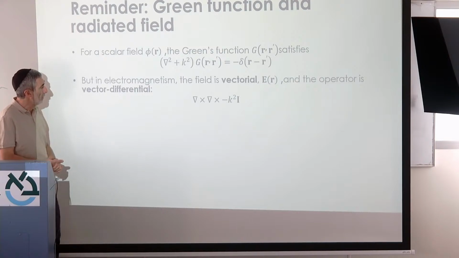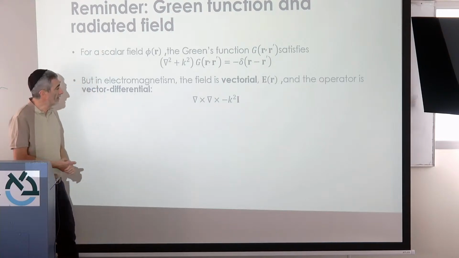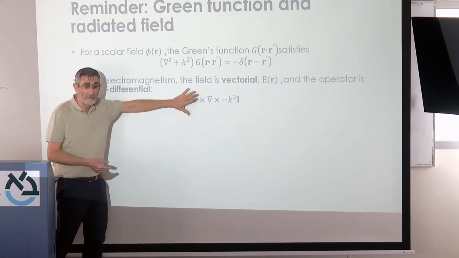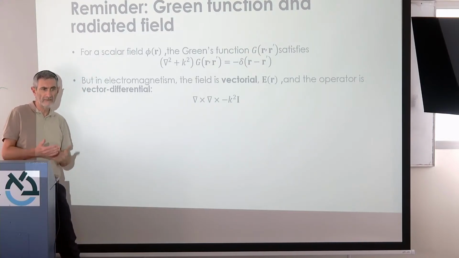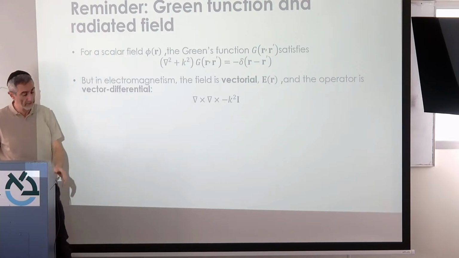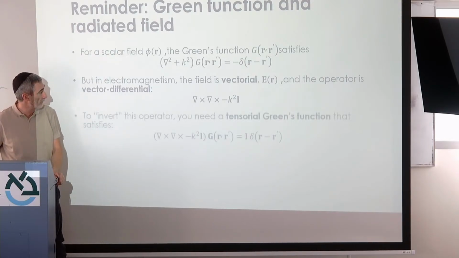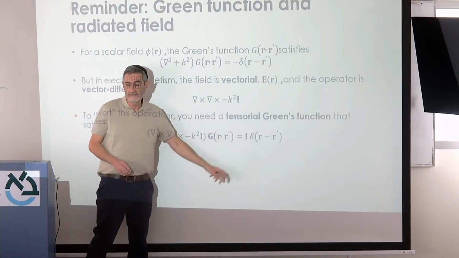And actually G, the Green tensor in that case, is the formal inverse of this operator. That means that this operator times G is equal to the identity.